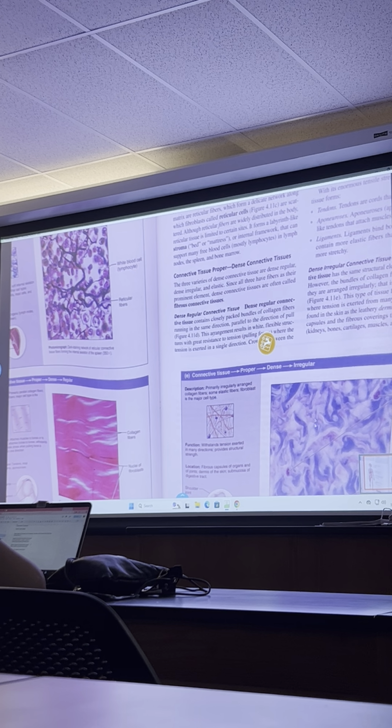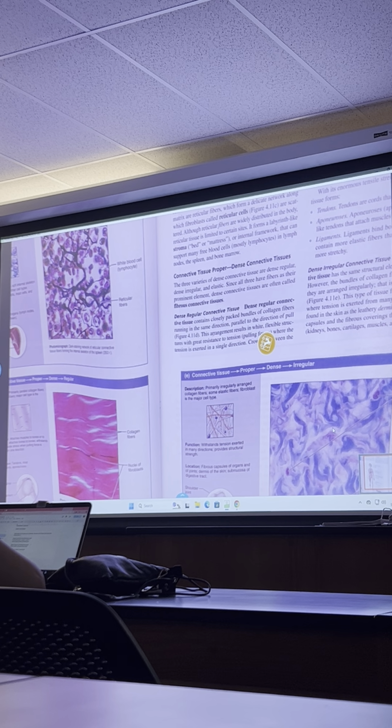How about this one down here? If you pull on it any direction, should it shred? No. No. So this is tough stuff, okay? Your lower layer of the dermis is like this. Do you think it's because of the way the collagen fibers are arranged? It's all of that put together.